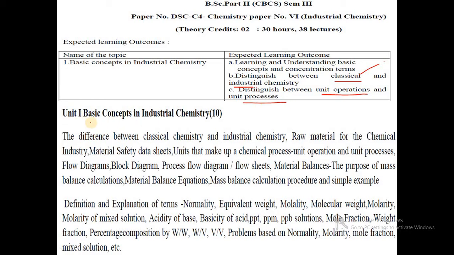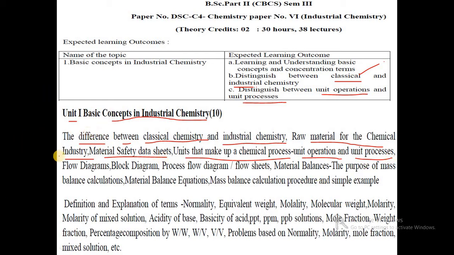The content of unit 1, basic concepts in industrial chemistry, includes the difference between classical chemistry and industrial chemistry, raw material for the chemical industry, material safety data sheets, units that make up a chemical process, unit operations and unit processes.